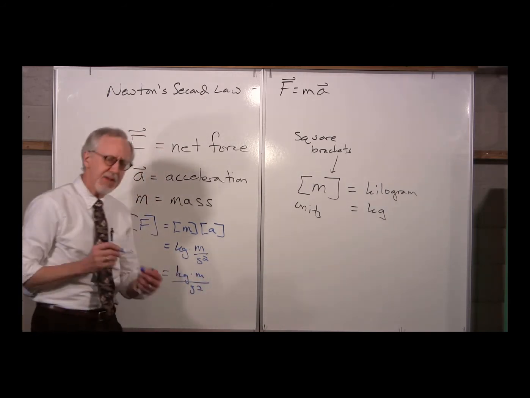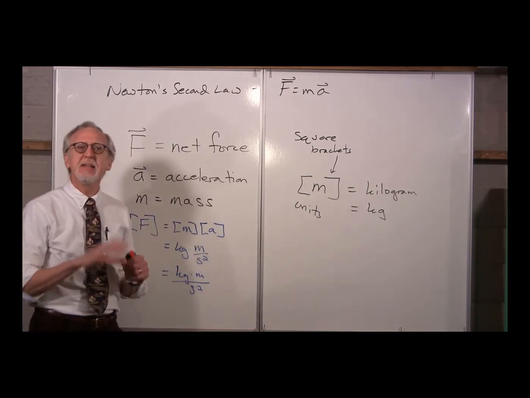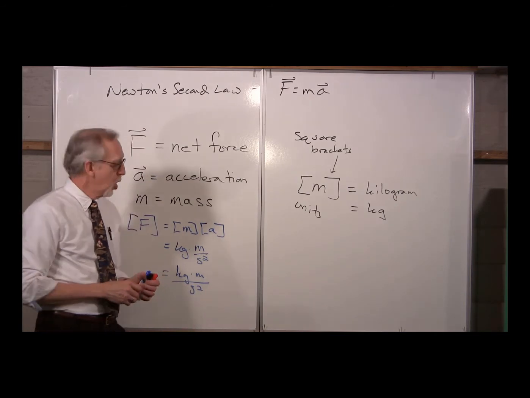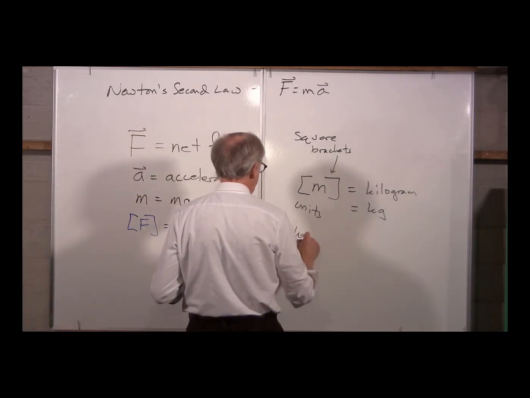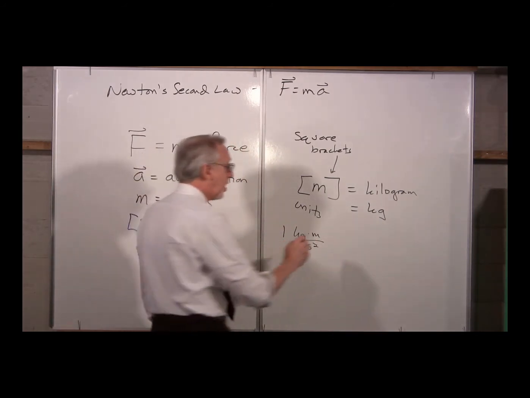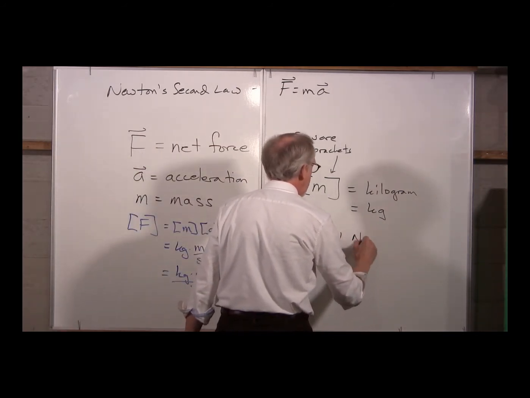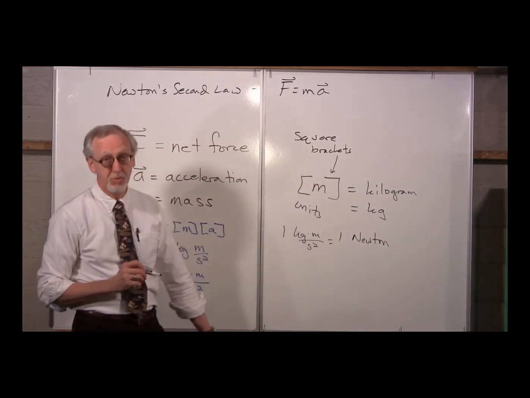Now that combination of units is something that we are going to see so often that it's got its own name. 1 kilogram meter per second squared is called 1 Newton.